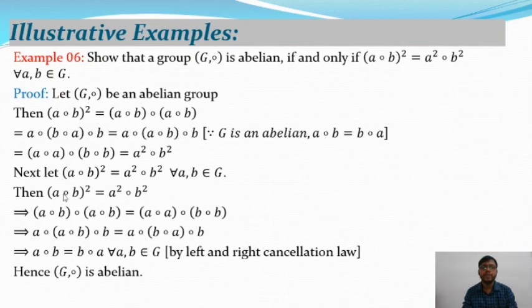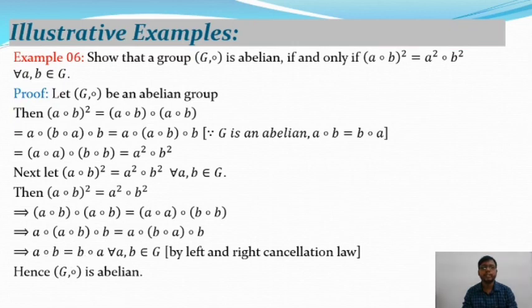Okay, so (A ∘ B)² can be written as A ∘ B ∘ A ∘ B, and A² can be written as A ∘ A, and B² can be written as B ∘ B. Now applying the associative property on both sides, we will get A ∘ B ∘ A ∘ B = A ∘ A ∘ B ∘ B. Now applying the left and right cancellation law, from the above equation we will get A ∘ B = B ∘ A for all A belongs to G.